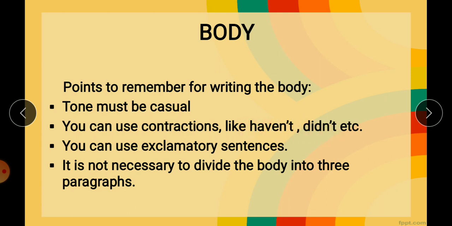So there are contractions. So you can use those contractions. You can use exclamatory sentences. जैसे हम hello लिखते हैं फिर हम exclamatory sign लगाते हैं. So hey, hi. So whenever we are using such words, we are putting exclamatory signs. So exclamatory sentences are acceptable in this informal type of letter.